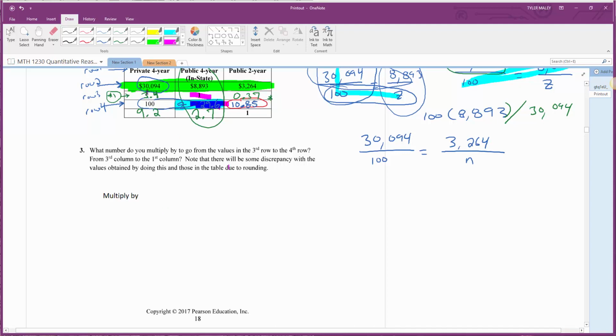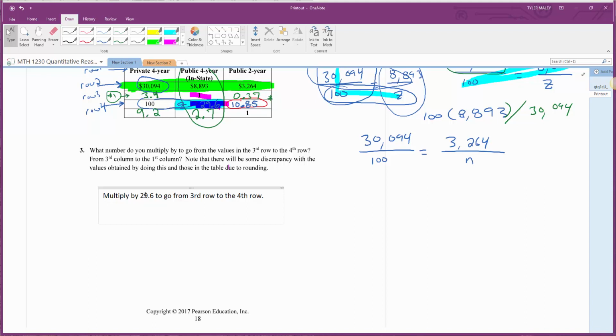In other words, if I take 3.4 and multiply by 29.6, I should get 100 or thereabout. Because again, the 29.6 is rounded, so it is not going to be exact, but overall, that's what we're doing. So we could say multiply by 29.6 to go from the third row to the fourth row.